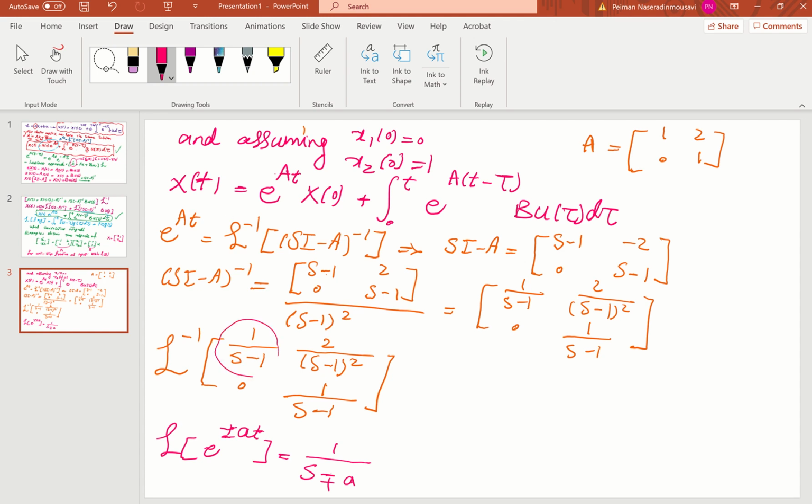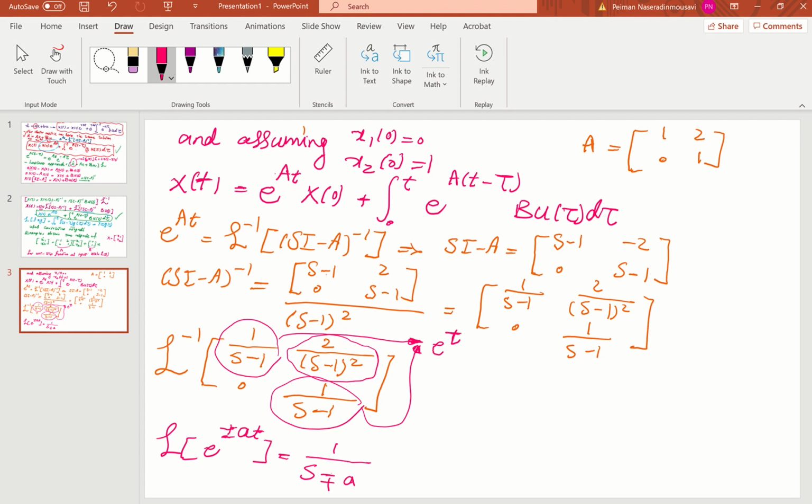So the Laplace inverse of this, and the same for the other diagonal term, is e^t, since your a is 1. Now we have to find the Laplace inverse of this.